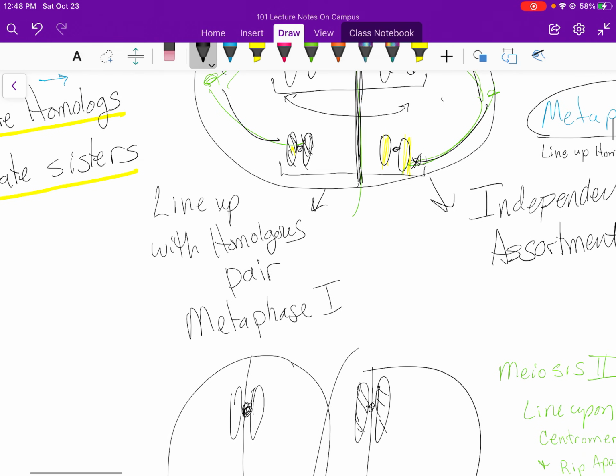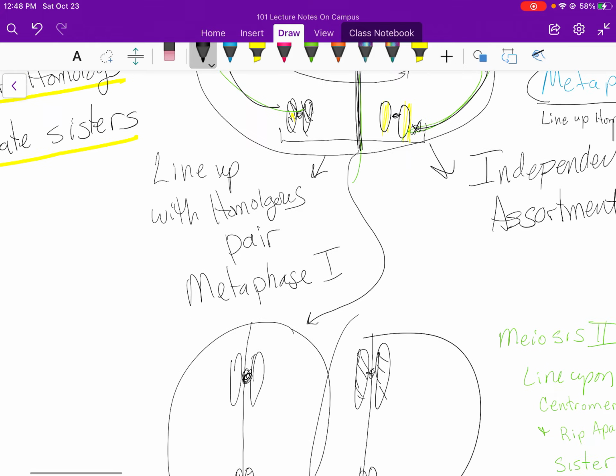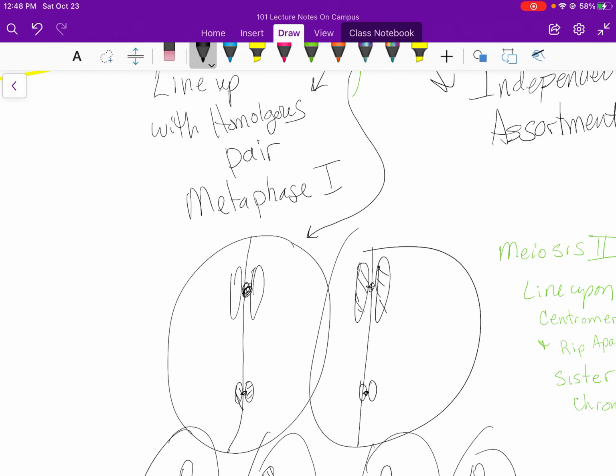So let's go on to the second step then. After they've separated, they would look something like this down here. I would have two cells, and one of each homologue is in there. There's one homologue, there's the other homologous pair. They're paired with these guys, but they're no longer in the same cell. They're in different cells. And so the next thing that happens is the sisters get pulled apart.